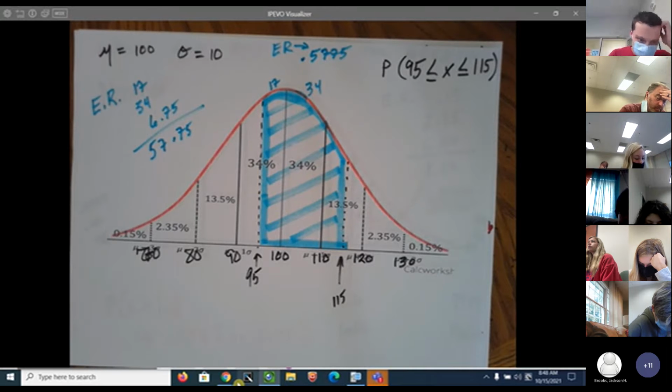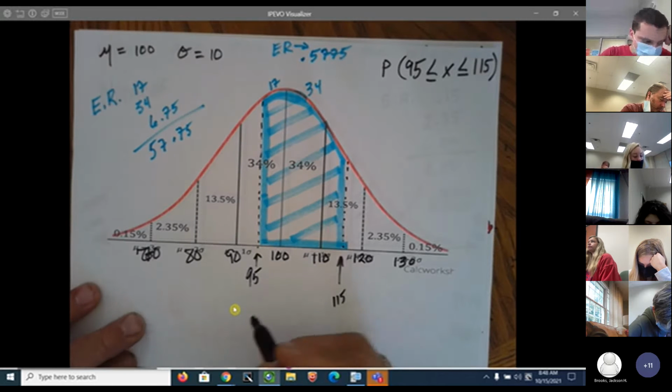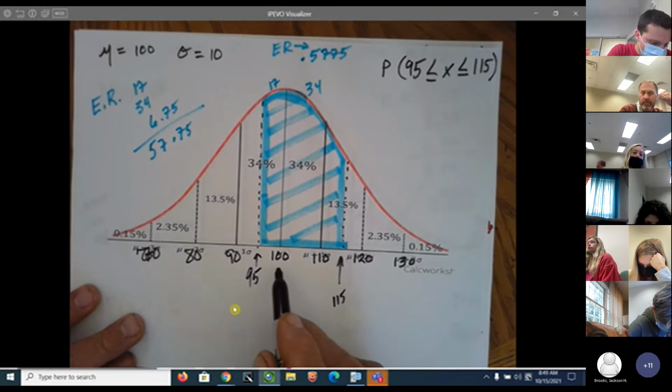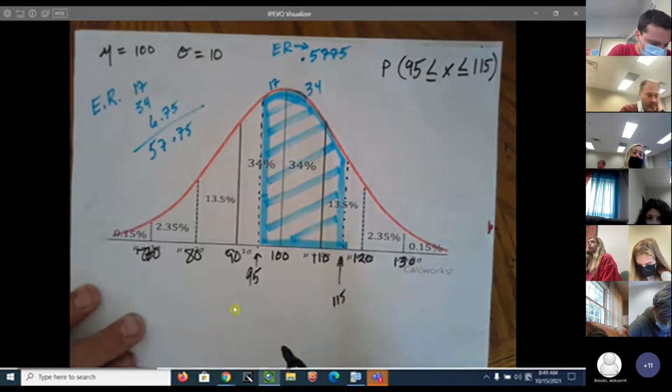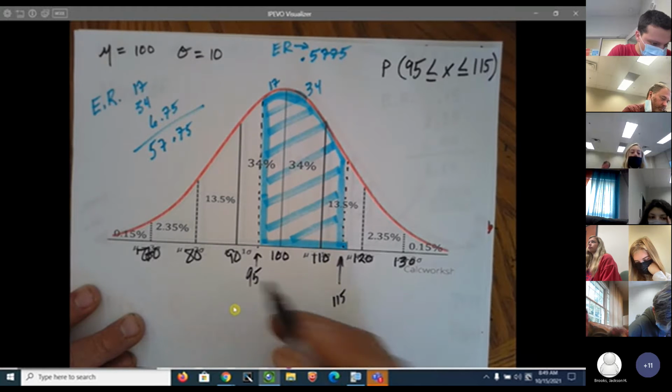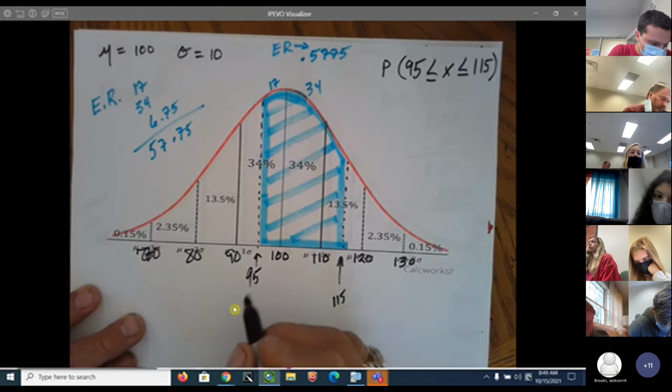So now we take our handy dandy calculator. We have to change these into z-scores because we have an old calculator, and I'm teaching that from the beginning. If you have a new calculator, you type in the mean and the standard deviation where it says mean and standard deviation, and it will do everything for you. I'm not going to do those because I have to treat everybody like they have an old calculator.